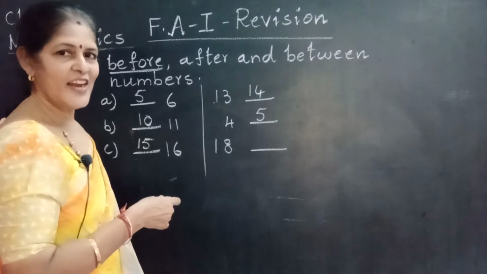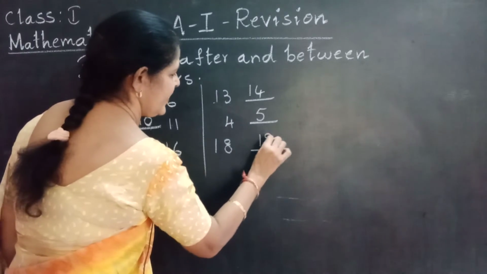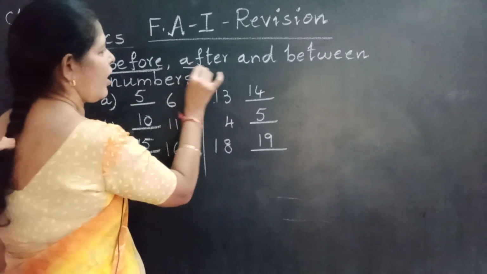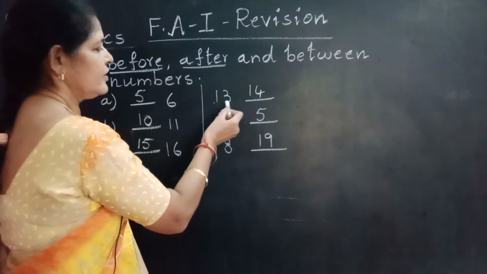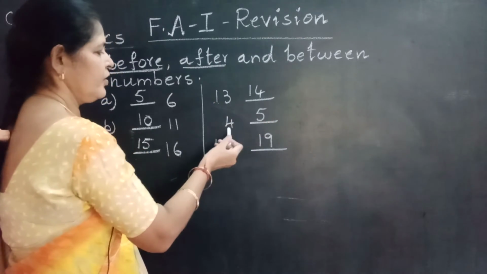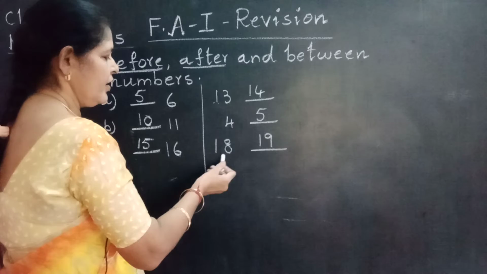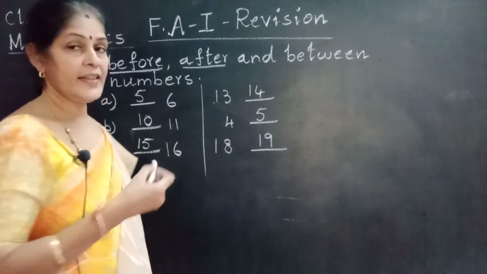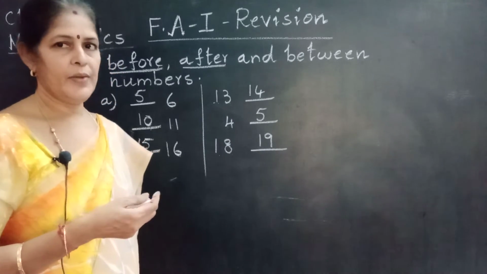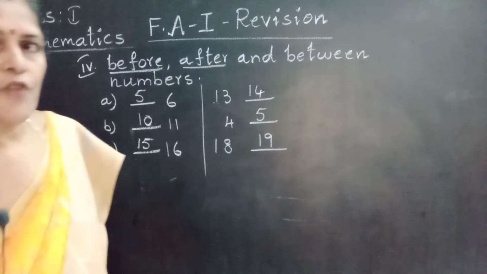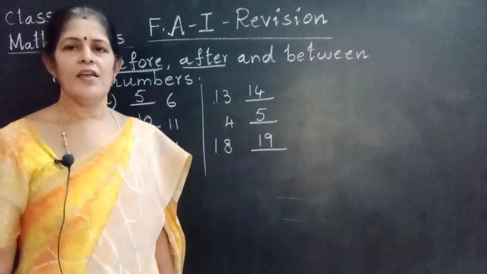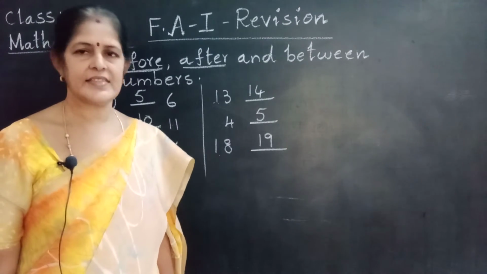What comes after 18? 19. These are after numbers. The number comes next. 13 after 14. 4 after 5. 18 after 19. Like that up to 20 numbers. What comes after 19? 20. What comes after 11? 12. What comes after 6? 7.